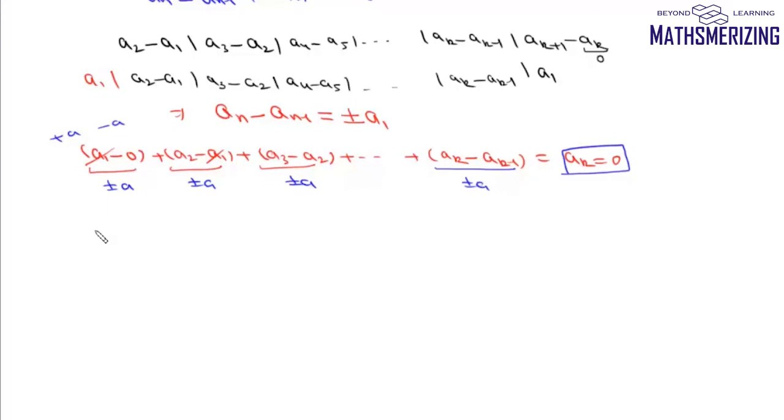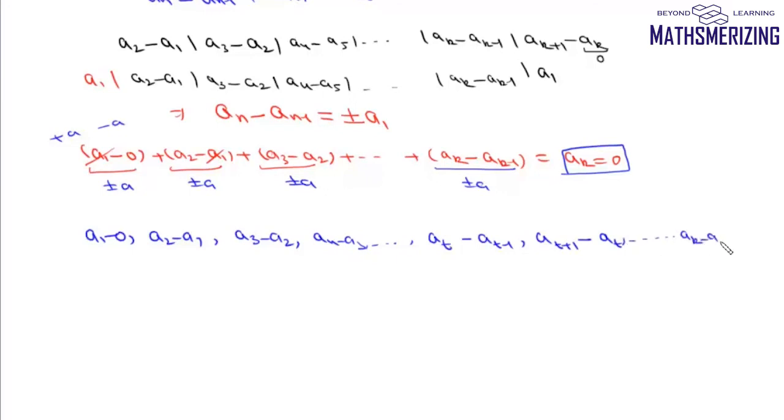So in all these arrangements, a1 minus 0, a2 minus a1, a3 minus a2, a4 minus a3, and some random a(t) minus a(t-1), and then a(t+1) minus a(t), up to ak minus a(k-1), there must exist a pair with alternate sign.